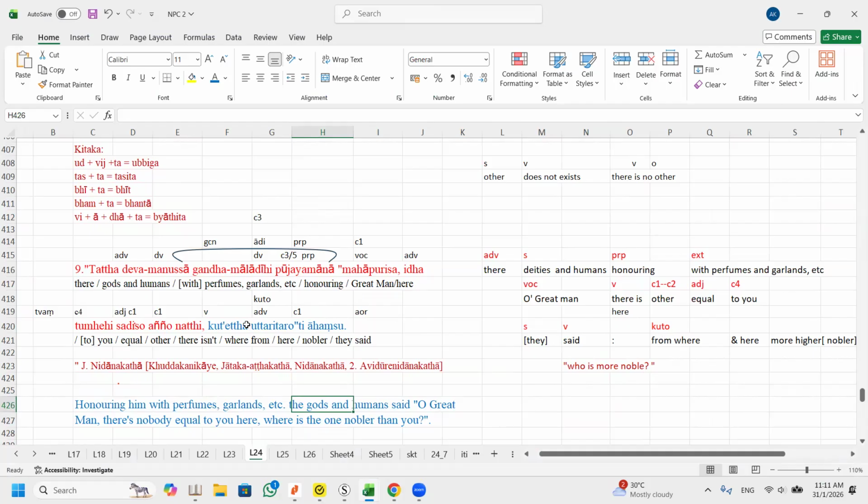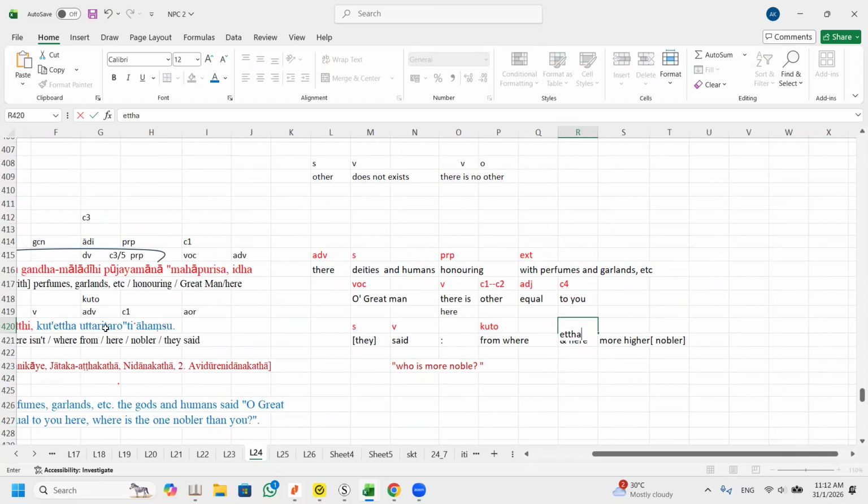And then this word eta is here. Then this one, taro. This tara is added to it. Tara, when added, uttara is highest, more higher.